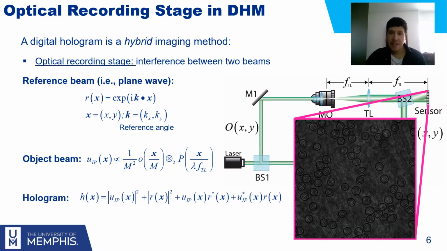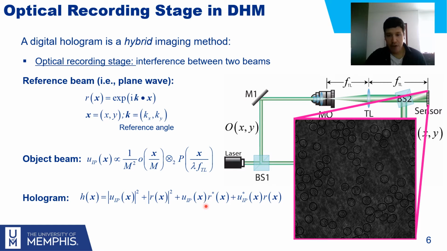Mathematically, the hologram is composed of four terms. The first two terms in this expression do not carry any information about the phase of the object and the angle of the reference wave. This is called the DC term, and we need to somehow remove it in the retrieval procedure.